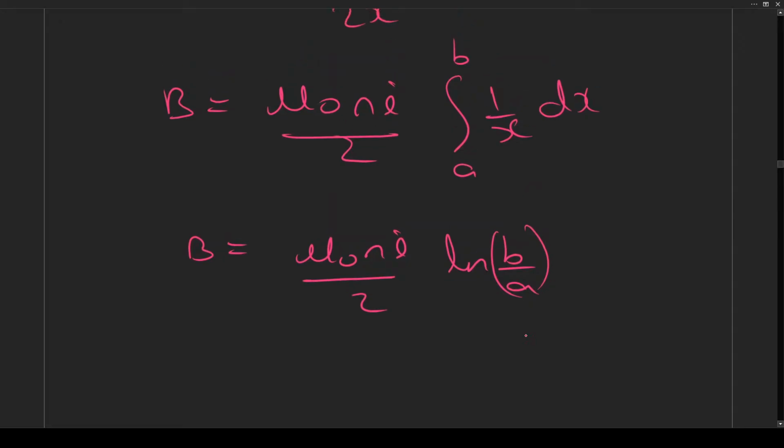Finally we have the values of mu naught, N which is 100 turns, I which is 8 milliampere, and ln b by a, where b is 10 centimeter and a is 5 centimeter.